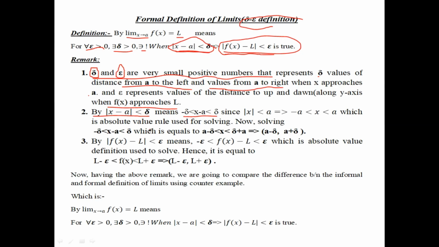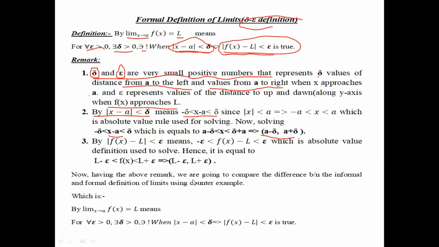Now solving for x, to leave x alone, we add a in all directions. So finally we have the interval a minus delta, comma, a plus delta.